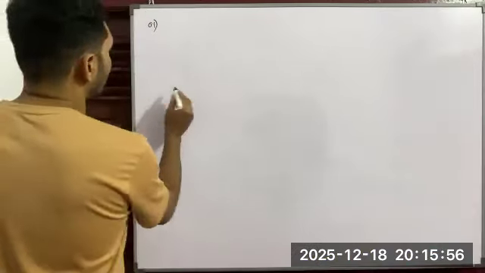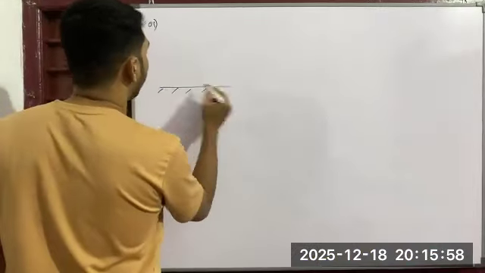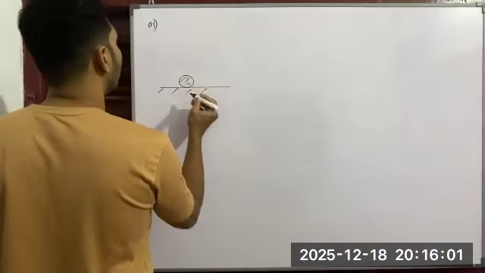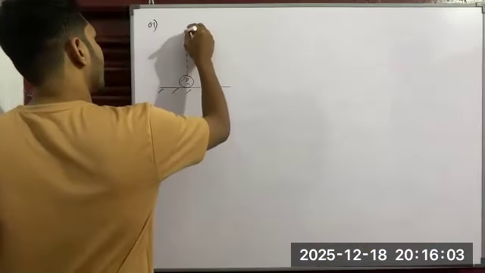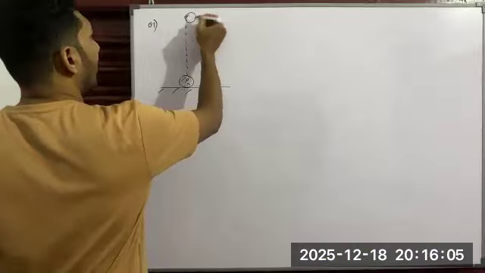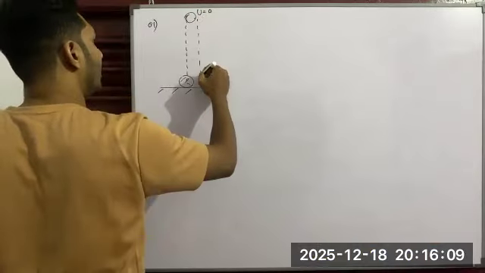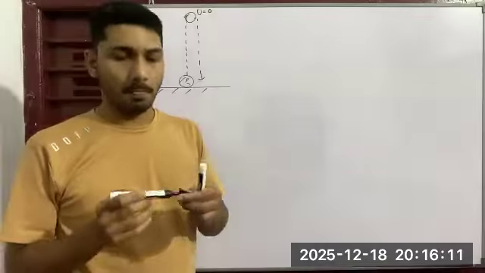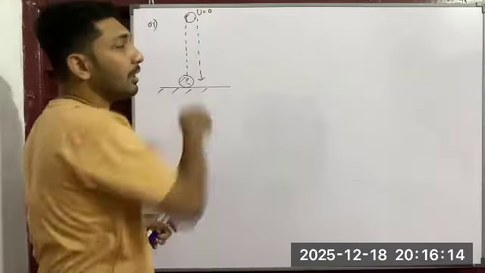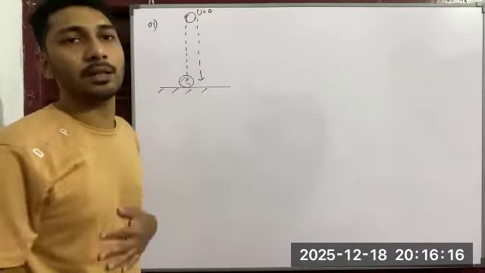So when something is thrown up, it will go like this, and momentarily it will come to rest. It will come again in the opposite direction and will hit the ground.